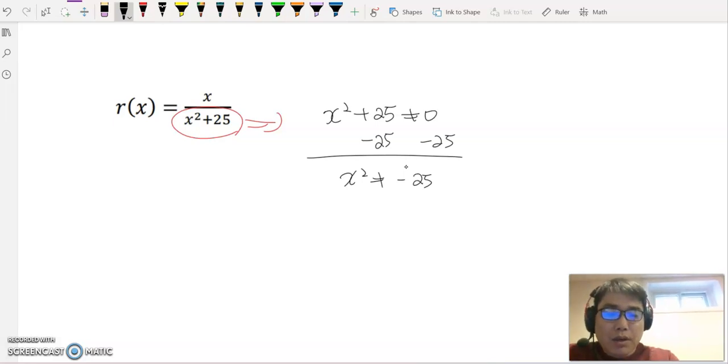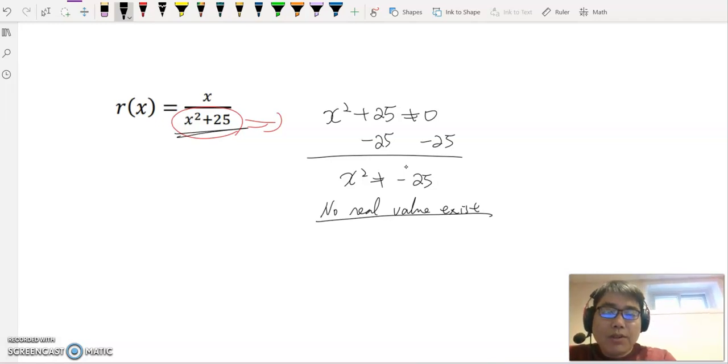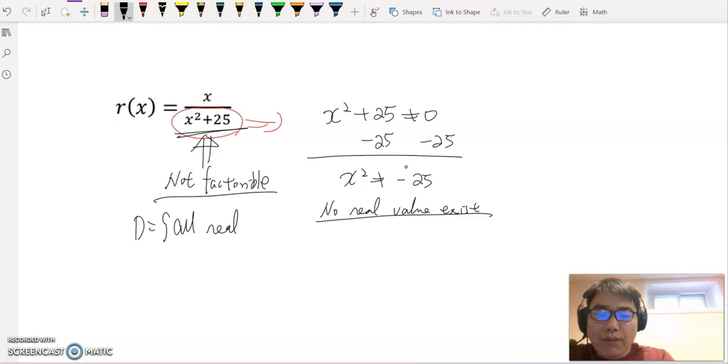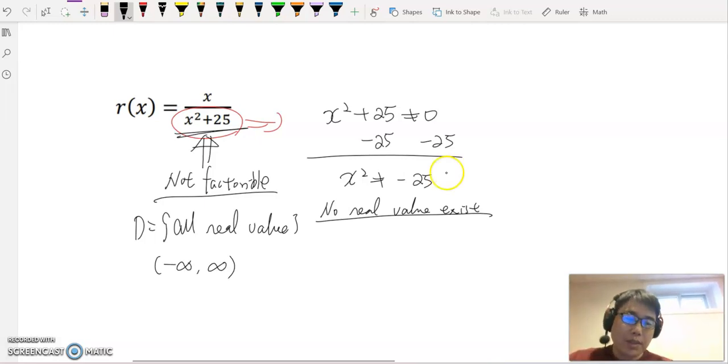So which means no real value exists. Which means this expression is not factorable. Therefore, in this case, the domain is all real values. So in interval notation, you can write negative infinity to infinity. So that's the answer for this problem.